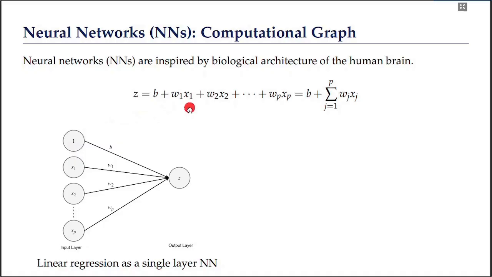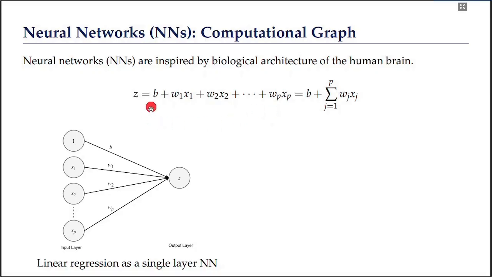For the first covariate x1, we have a weight w1. For the second covariate x2, we have the weight w2. And similarly for the p-th covariate xp, we have the weight wp. Here w1, w2, up to wp are parameters or coefficients in the usual statistical models, but in machine learning we call them weights.